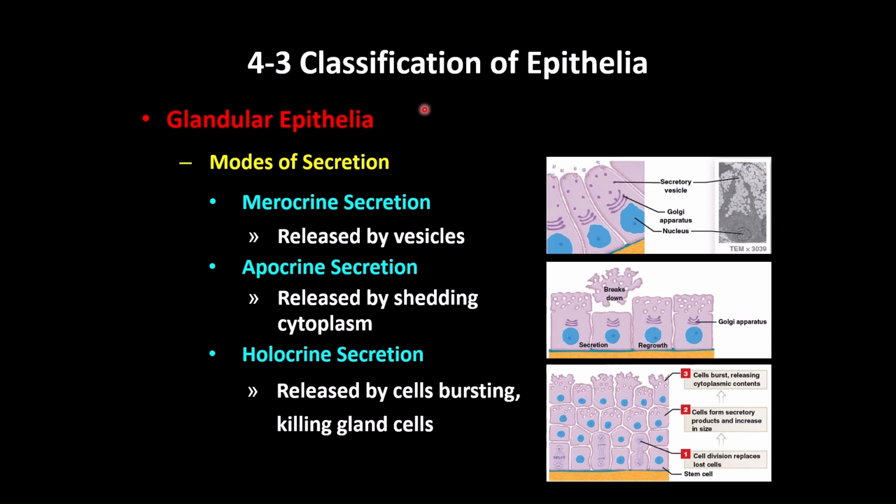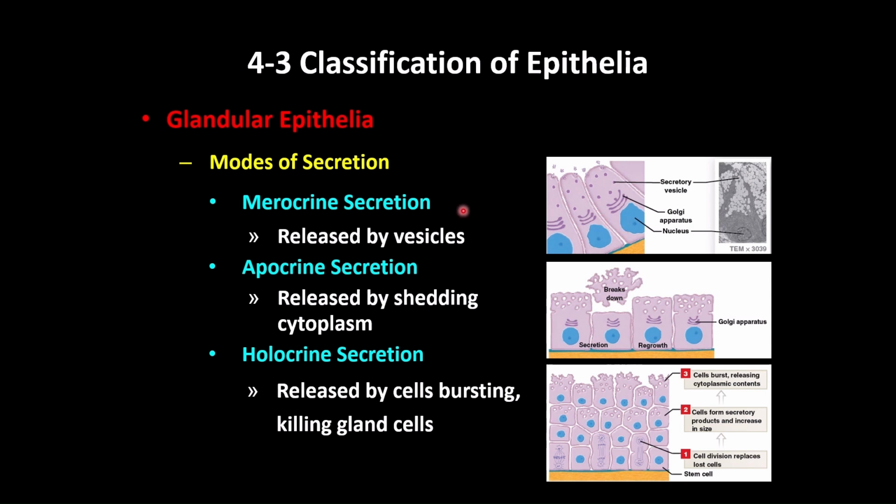secretions, or modes of secretion, here, one is called merocrine secretion. Here the cells produce the different secretions, and they are packed in these vesicles, and then the vesicles release. These are the secretory vesicles inside the cell, and they are gradually released, and the cells stay alive. So it's always alive.